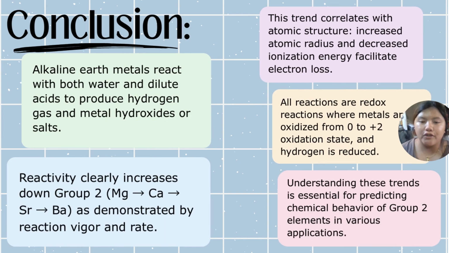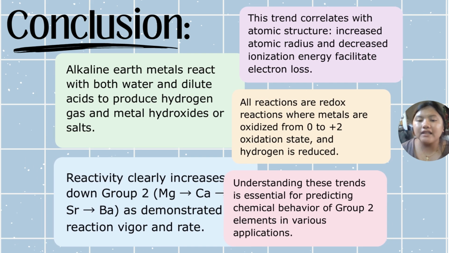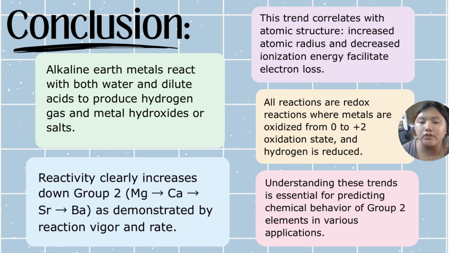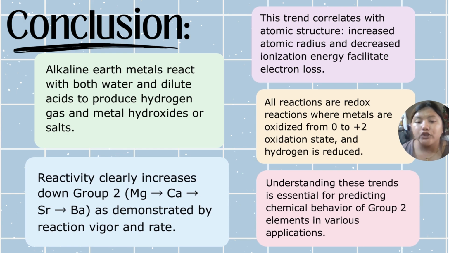The overall conclusion of this topic is that alkaline earth metals react with both water and dilute hydrochloric acid to produce hydrogen gas and metal hydroxides or salts. And as I stated earlier, reactivity clearly increases down group 2 from magnesium down to barium, as demonstrated by reaction vigor and rate.